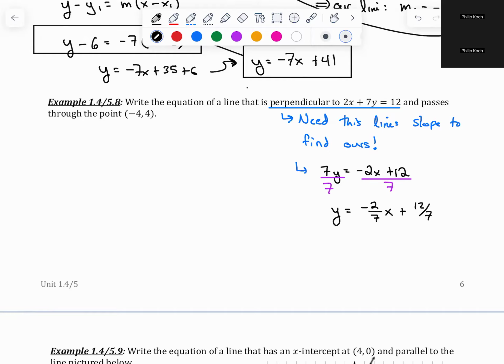And yeah, that's a nasty fraction for its y-intercept, but we don't care about that line's y-intercept. The only thing we care about from this line is its slope.